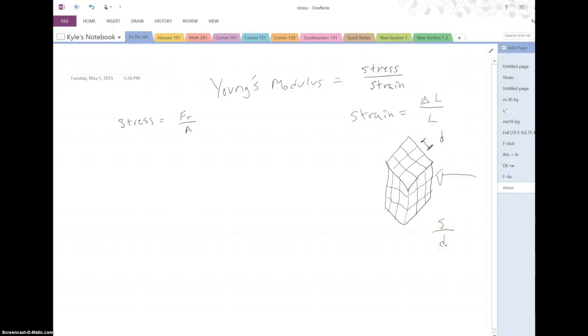So s over d is equivalent to delta L over L, which is strain. Shouldn't have written that all backwards, but that's how we get this part for strain.